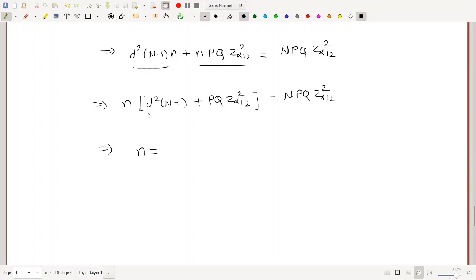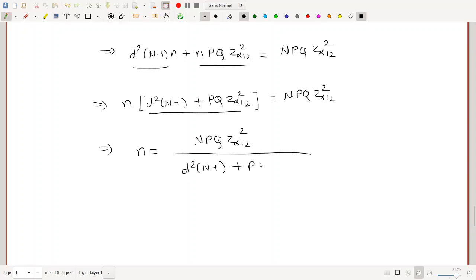So send this one to this side. This will be n equals N PQ z alpha by 2 square divided by d square (N − 1) plus PQ z alpha by 2 square.